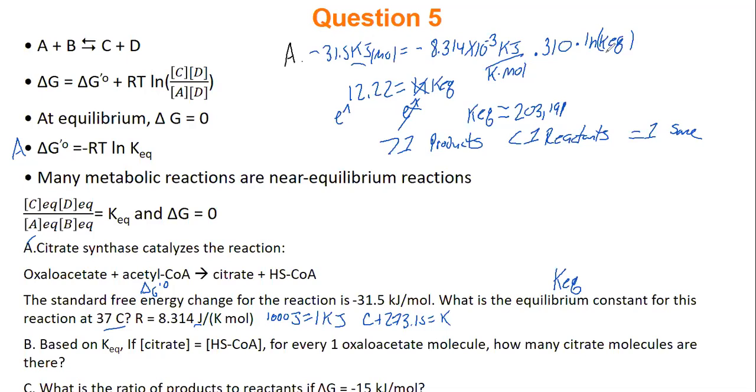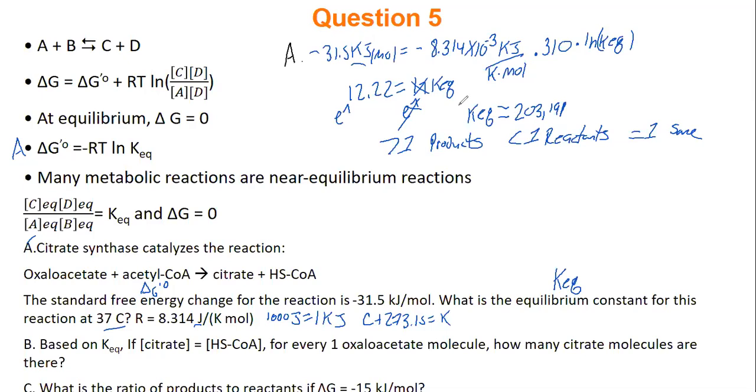Well, if products are favored, that means I have more products at the time of equilibrium. If reactants are favored, I have more reactants at equilibrium. And if it's the same, the concentrations are the same. That's what I mean by favored. What are you going to have more of at the time of equilibrium?